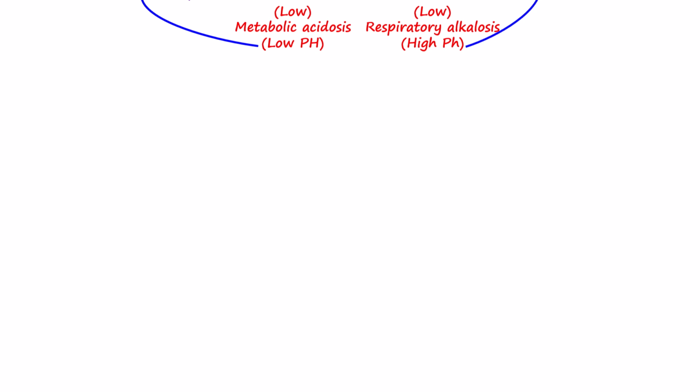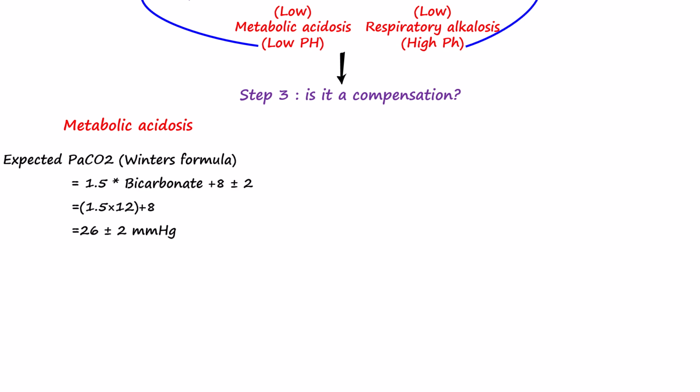But could it also be due to compensation? So our next step is to look for compensation for each disorder. Let's do it for metabolic acidosis first. In metabolic acidosis, there will be respiratory compensation and we expect CO2 to fall. For this, we use Winter's formula to calculate the expected PaCO2.